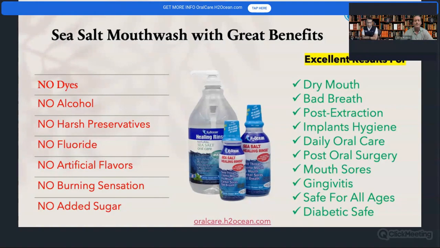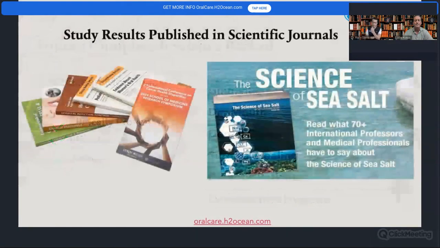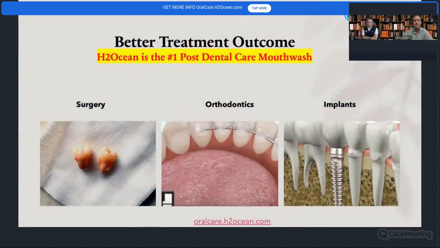It's scientifically backed. H2 Ocean's mouthwash isn't just a product, it's a scientifically proven solution. We conducted extensive studies on its effectiveness in treating gingivitis, dry mouth, dental caries, and for orthodontic hygiene. These studies have been published in reputable scientific journals. H2 Ocean has become the number one post-dental care mouthwash for surgery, orthodontics, and implants.